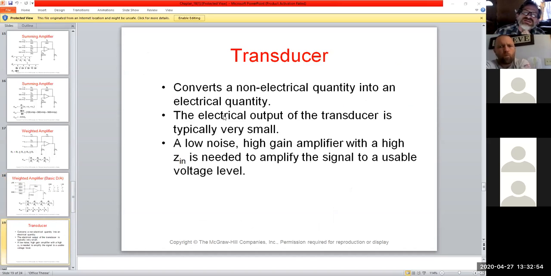Then we look at a little bit of transducers and how that comes into play. We're going to look at thyristors later on too, which tie into this somewhat, and it's a little similar to a transistor, but it's got one extra layer to it.